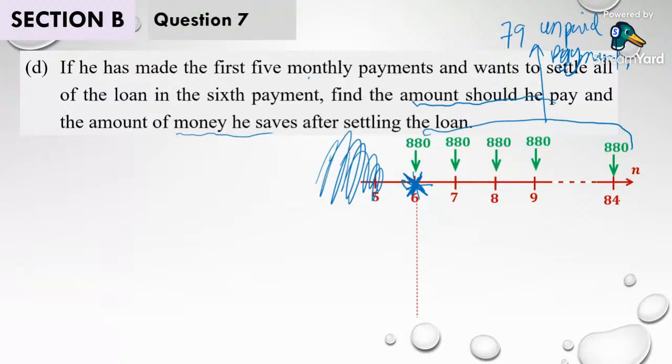Go on. So in these 79 payments here, if you want to use the A_n formula, those that are included in the A_n formula are those that have interest free. That means we have waived the interest. Kita sudah cut off the interest.